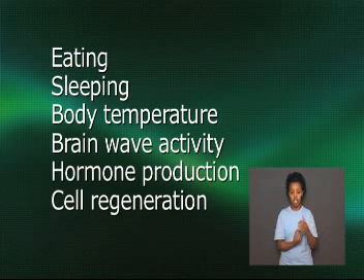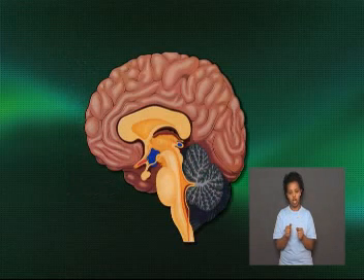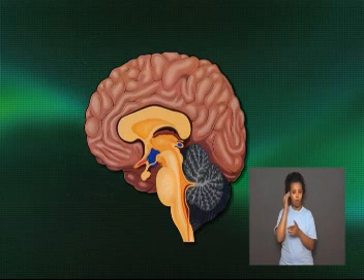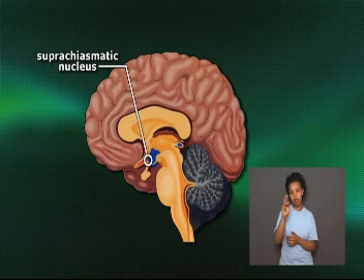and other biological activities. In mammals, the biological clock is found in the small area of the hypothalamus of the brain. It is called the suprachiasmatic nucleus.